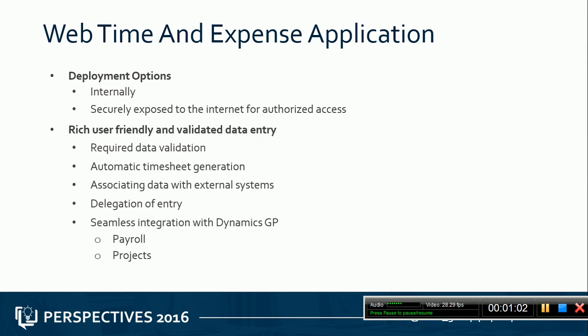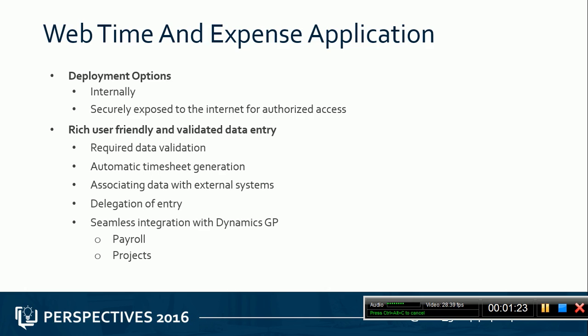So if you think about what that web time and expense application would look like, the deployment options really are very straightforward. You can have it just internally facing. You could have it secured where it's exposed to the internet with authorized users, which again, security obviously is going to be an important issue here.